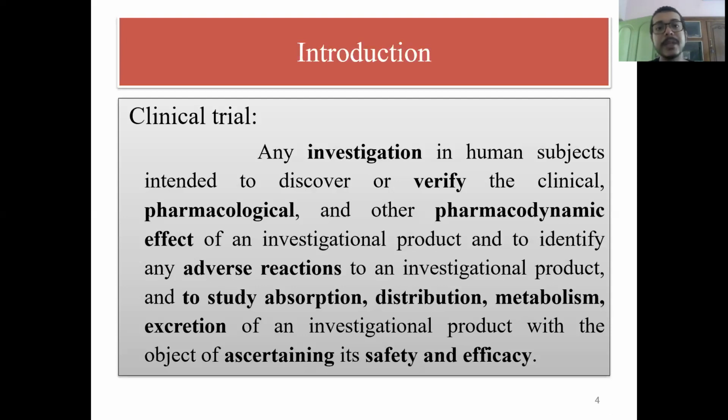Along with that, we are also studying efficacy and potency, how effective it is and how potent it is, that is, what is the minimum amount at which it will start to show its positive or desired action. All this data we collect for a particular drug or a particular disease in the clinical trial. So this whole setup is called a clinical trial.